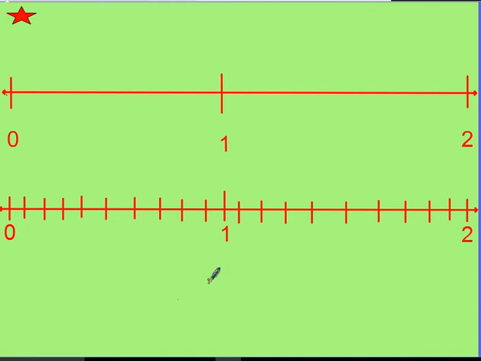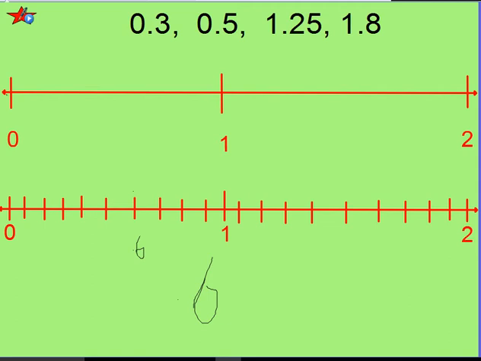So if I have 0.0 or 0.6, I have 6 tenths. 1, 2, 3, 4, 5, 6. I could mark this with 0.6. It's not a whole number, it's part of a whole. So if I look at this, where would I mark on here 3 tenths?